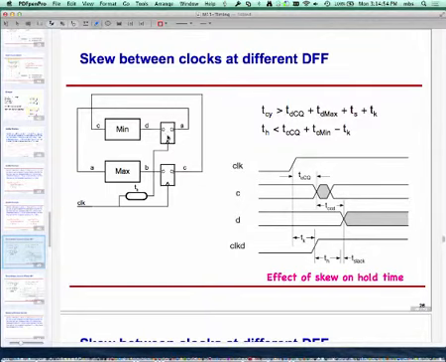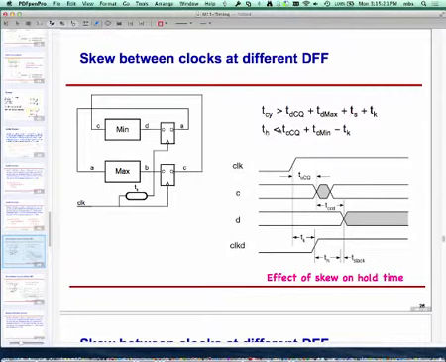Likewise, clock skew can also help or hurt us. In this particular case, if I look at the hold time requirement, what is happening is that I'm looking at the fast path. So I'm looking at TCCQ, which is out here, plus TC min. And remember, this guy started early because this guy's clock edge came before this guy.